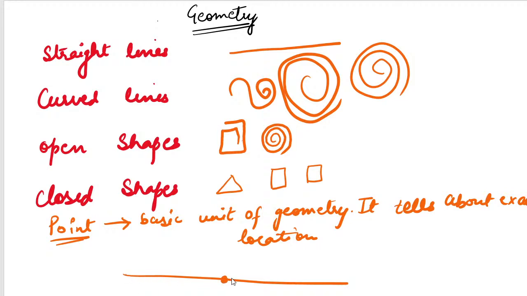This tells about the exact location where I have to start my measurement, how I measure the line from this side to this side. So from this point to this point I am measuring my line. In between these two dots I have to find out the measurement. Okay, so this is a point.